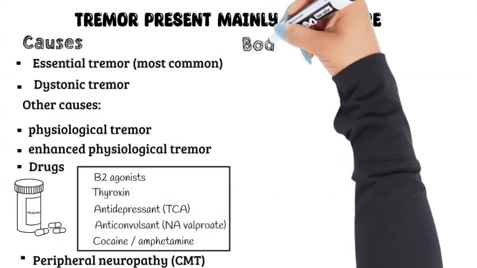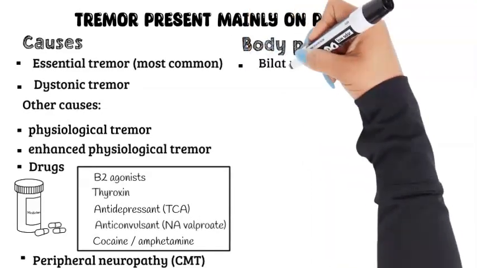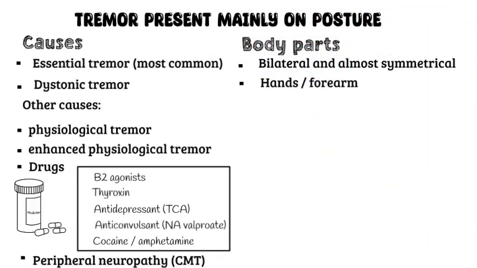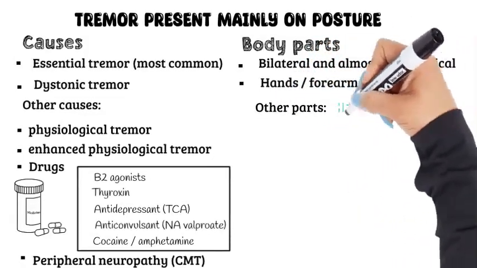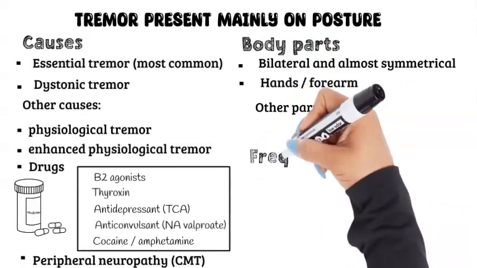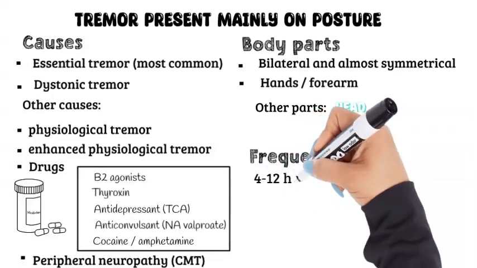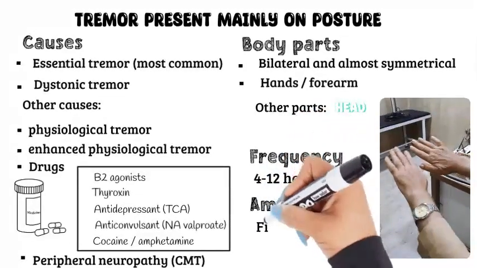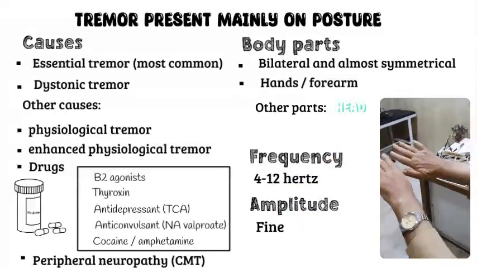Peripheral neuropathy like Charcot-Marie-Tooth. Body parts which are affected in tremor that occurs at posture, usually bilateral and almost symmetrical, involving the hand and forearm. Other parts include the head. Its frequency is usually 4 to 12 Hz and usually fine amplitude.